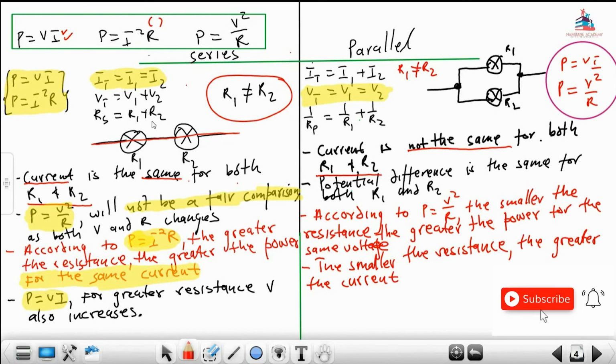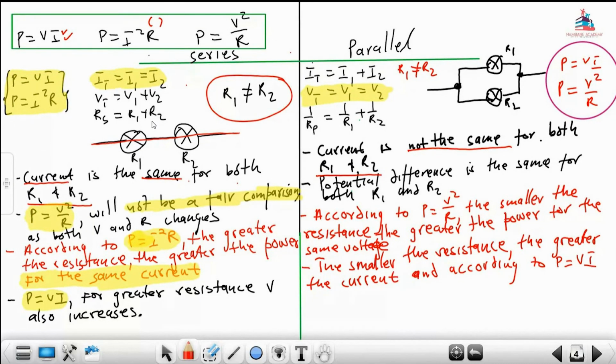And according to P is equals to VI, obviously now we'll have what? The greater power. So the greater power basically means more brightness.